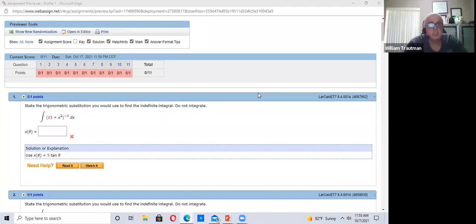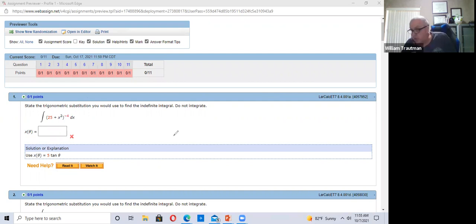Okay, so this is the homework for 8.4. In the first part, they're just asking you to state the trig substitution that you would use for this.